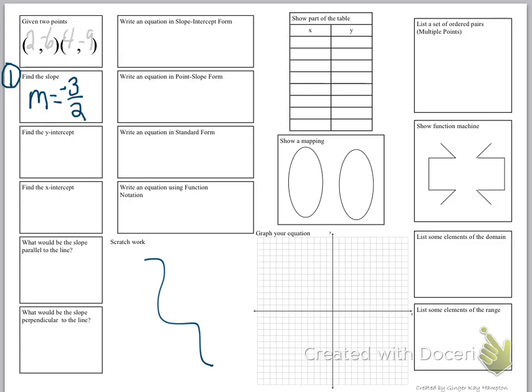All right, from there, we check our notes. And the next thing we can do is write an equation in point-slope form, because we have points and we have slope, hence the name point-slope form. So we're going to go to y minus y1 equals m times x minus x1.